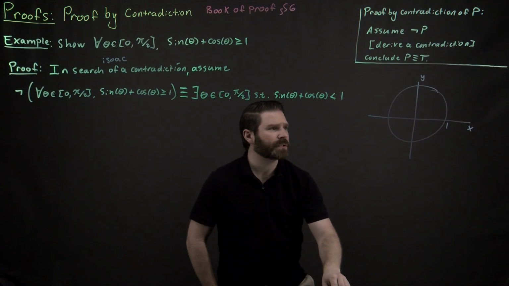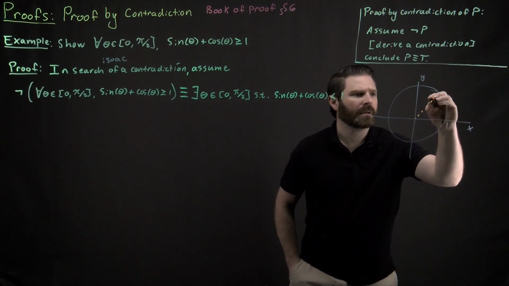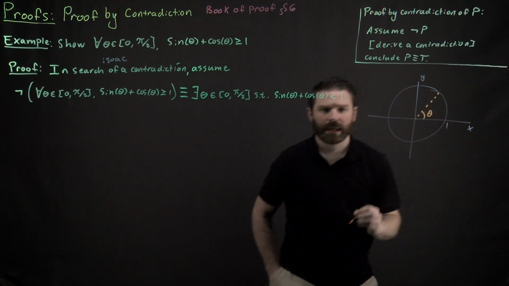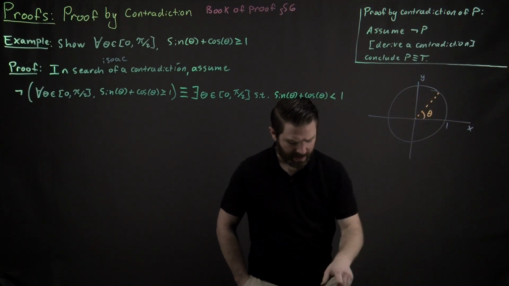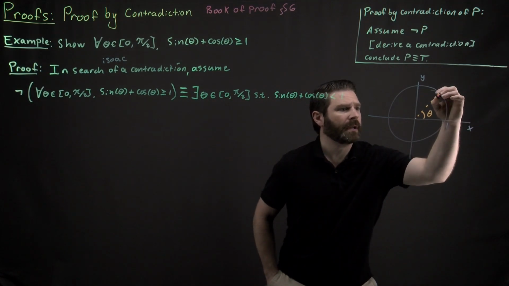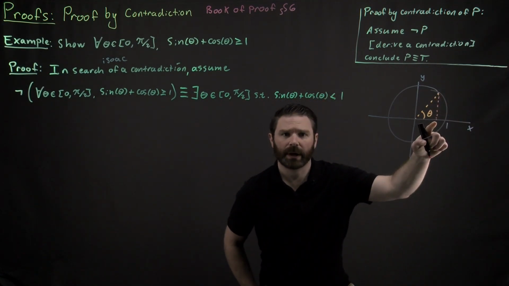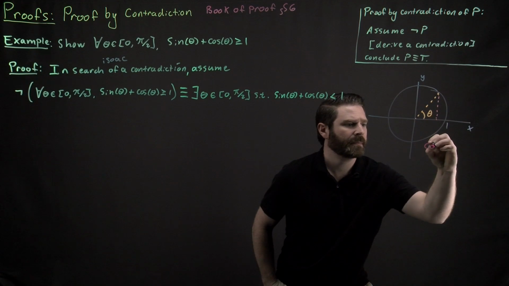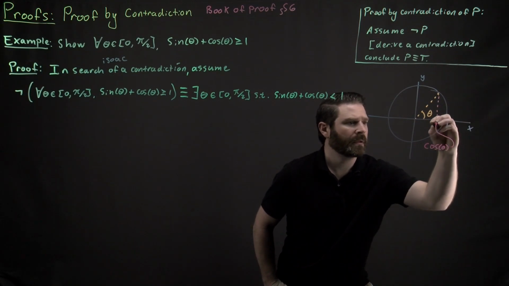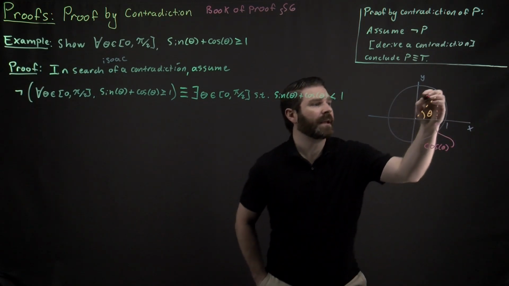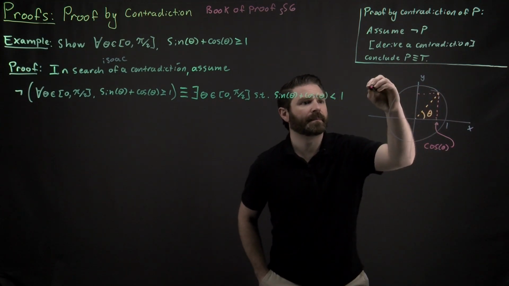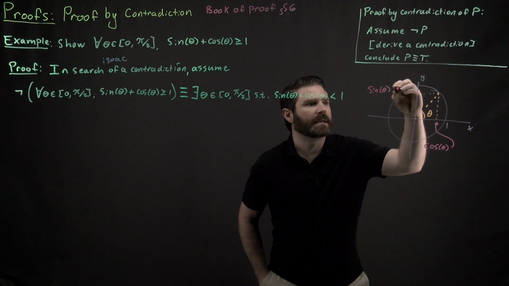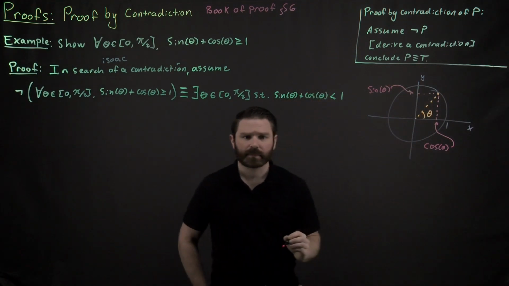And if you had some sort of angle theta, then the value of this point right here on the x-axis is cosine of theta, and the value right here on that y-axis is sine of theta.